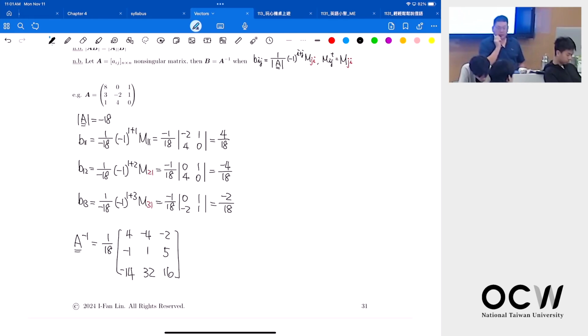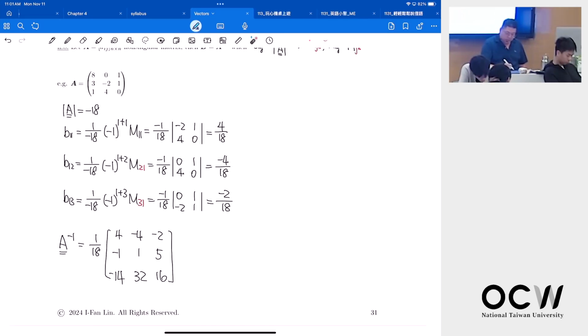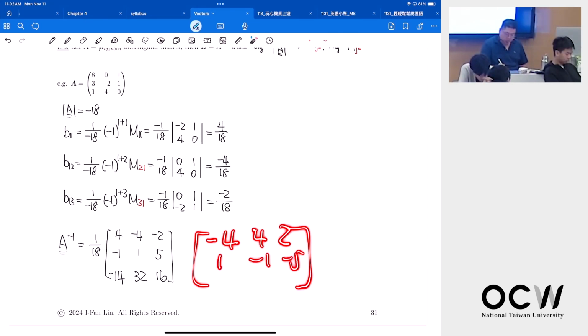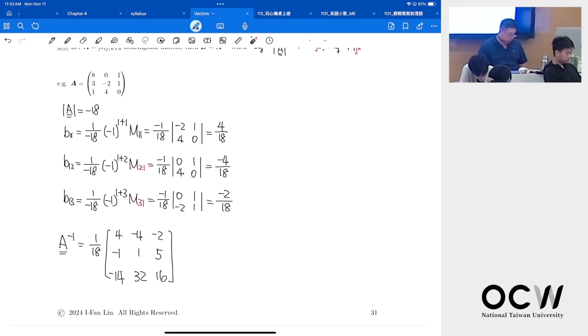Well, it's better that you put the minus outside, so there will be 1 over your determinant A, and then you will change all the signs. All right. Any questions for this one?